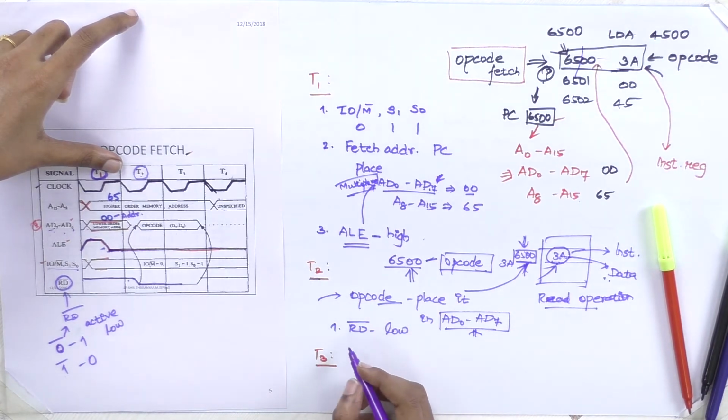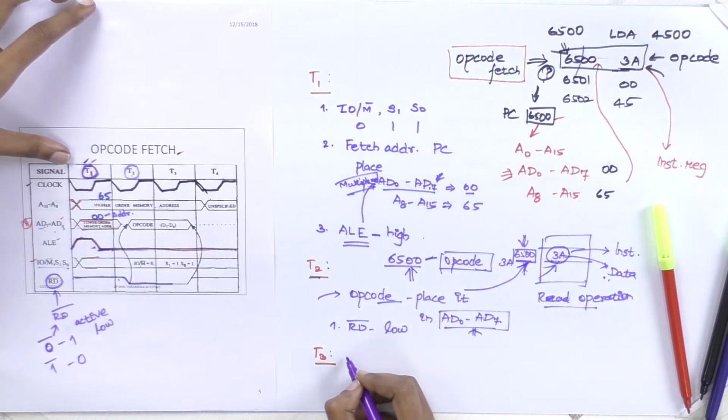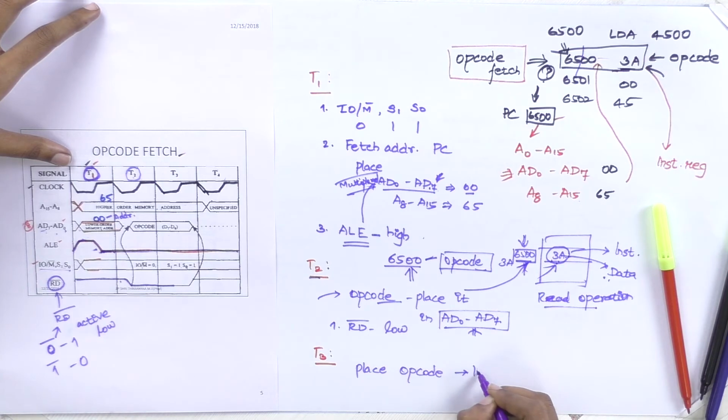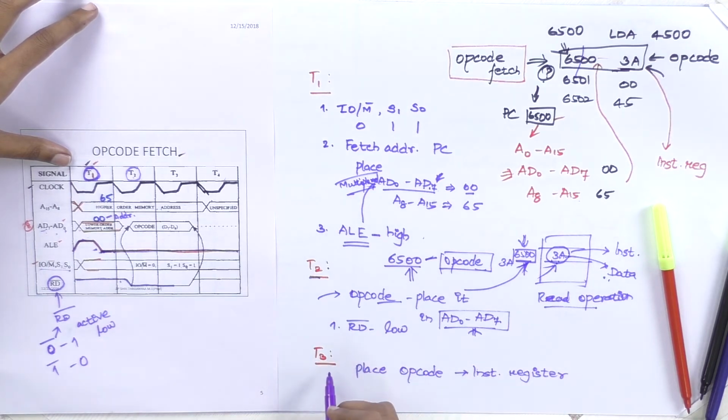Okay. So what will happen in the third T state? In T state 3, it will place the opcode value into the instruction register. Okay, this will happen in T state 3.